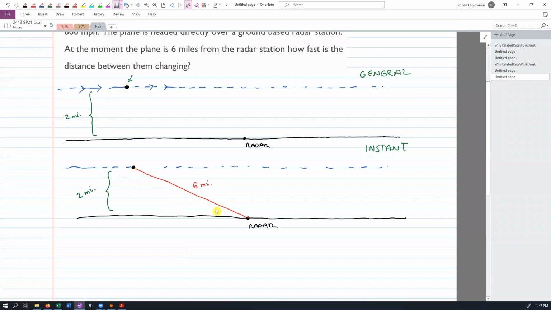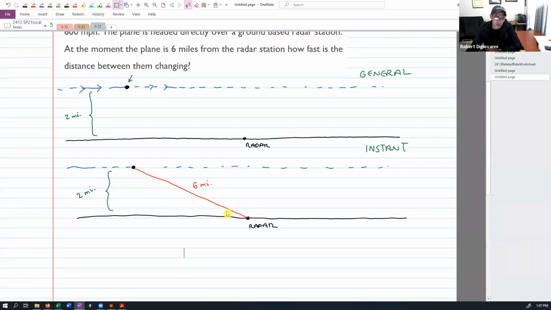Okay, got it. Good. So you see how we have this labeled here, 6 miles? That's not in our general picture, is it? We don't have that line drawn. So because it's not drawn, I'm going to draw it.